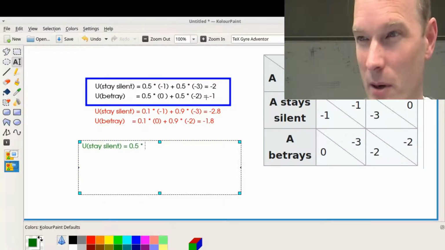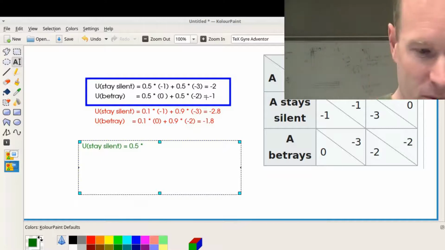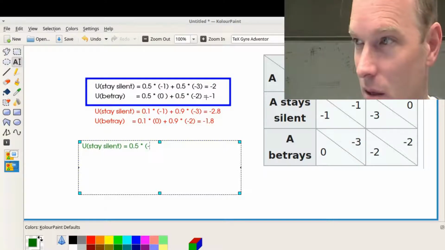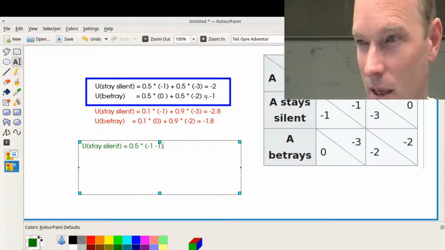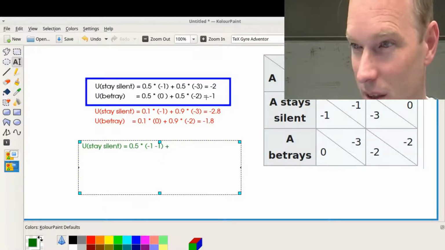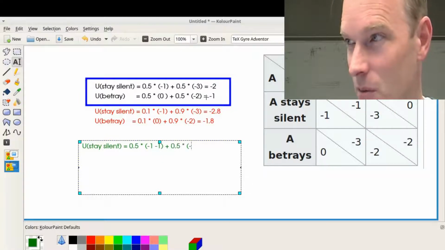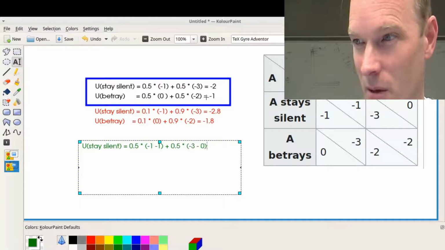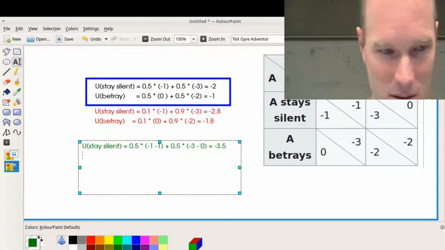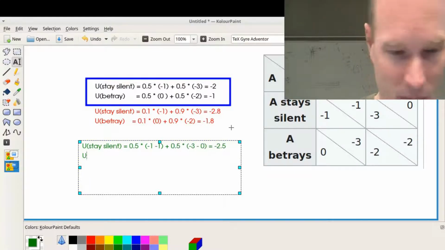Well, if my partner is 50-50, then it's 0.5 times -1 minus 1 plus 0.5 times -3 minus 0, which is -2.5? All right. Oh, you're right. Okay.